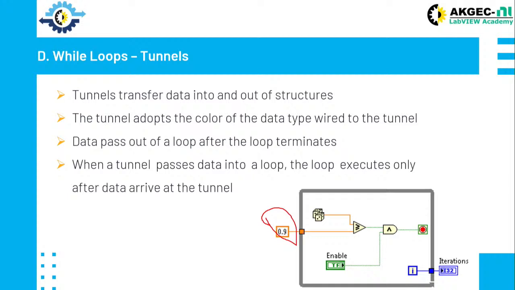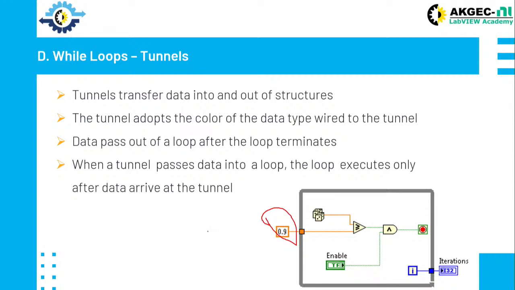In any structure we have to create this tunnel, otherwise the data will not be transferred to the function inside the structure. This tunnel will get the color of the data type with which it is connected. Data will be transferred to this loop only when this loop is terminated.